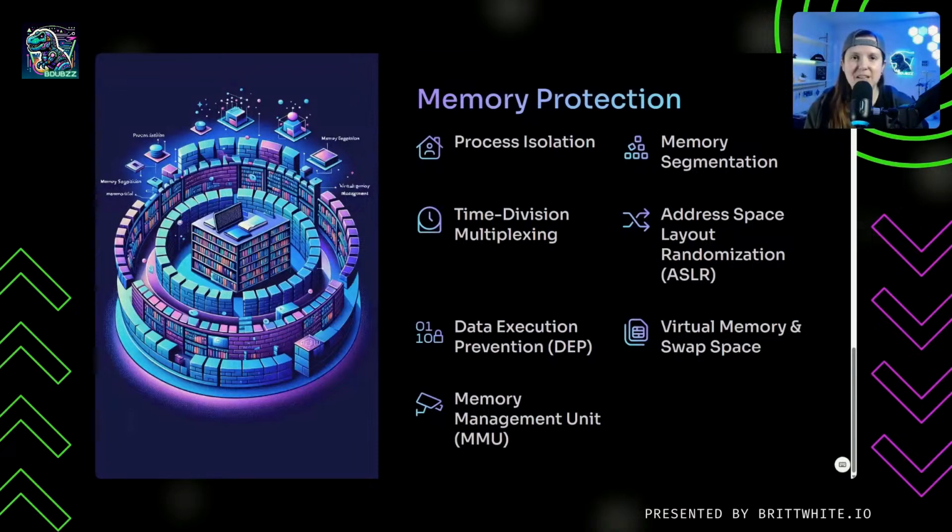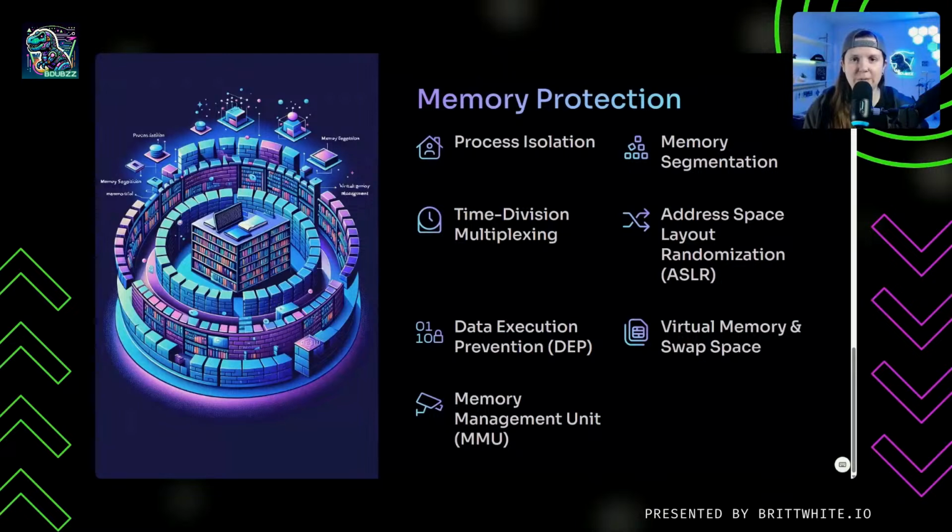The operating system scheduler manages this process, deciding which application gets CPU time and for how long, like a traffic controller. It switches so fast it feels simultaneous, but each application is isolated in time, no hogging the CPU.